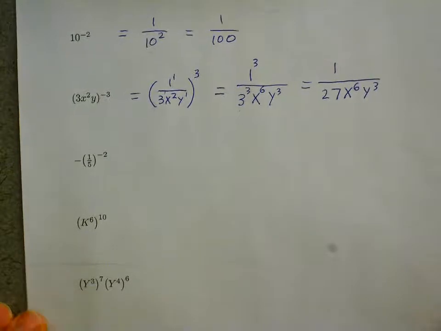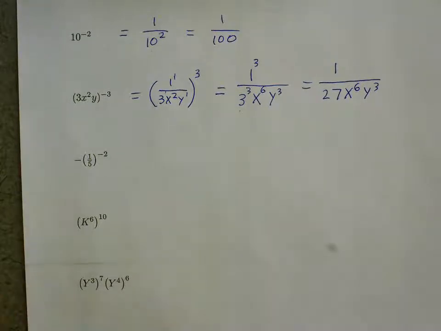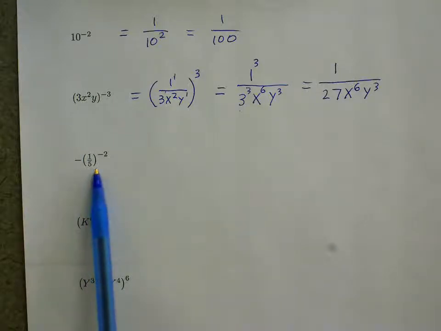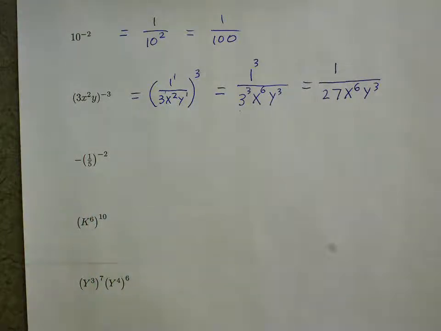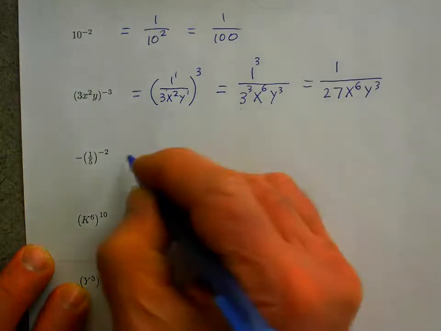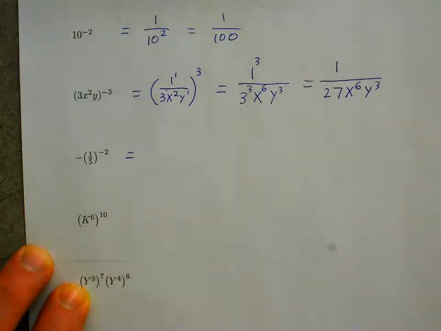Okay, the next one, the negative of 1/5 to the negative 2. On this one, we do the exponentiation first, and then the last thing we do is apply the negative symbol. So we're taking the negative of 1/5 to the negative 2.